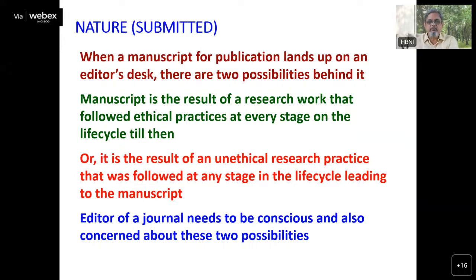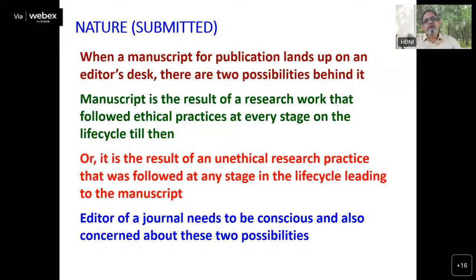Suppose you have done some research work and then you have written up your results. Let's assume that we take the route of publishing your research work in a journal. So assume that you have finished writing up your results in the form of a manuscript, and you send it to some journal, say for example, the journal Nature. Whenever a manuscript lands on the editor's desk, there will be basically two possibilities behind that manuscript.